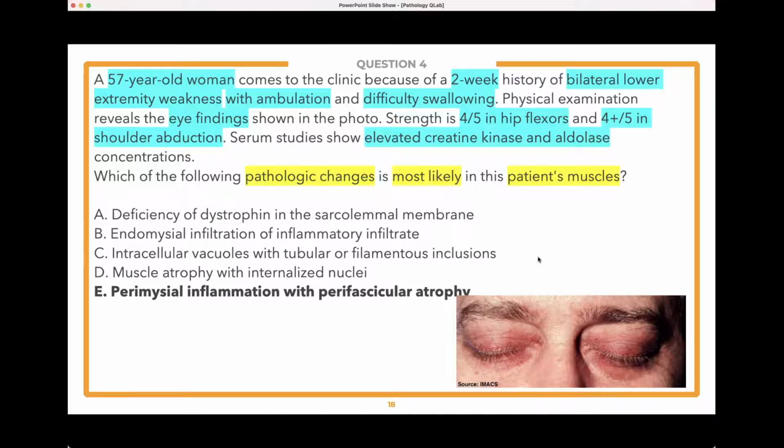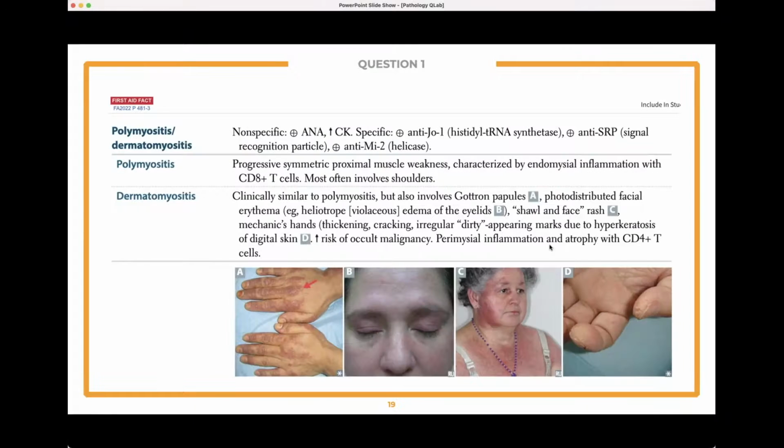Now if we take a look at the next slide, what we'll see here is dermatomyositis and polymyositis. Polymyositis is another type of inflammatory myopathy, but you don't really get cutaneous involvement. On top of that, if you were to do a muscle biopsy, you would see a little bit of difference between the two. Dermatomyositis has inflammation that's perimysial, while polymyositis has inflammation that's endomysial.